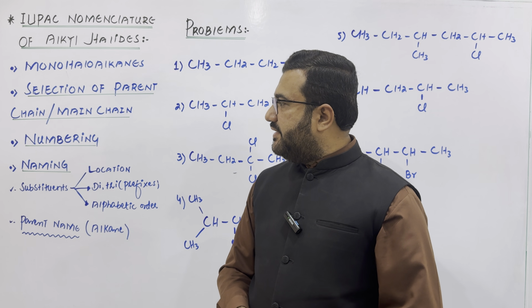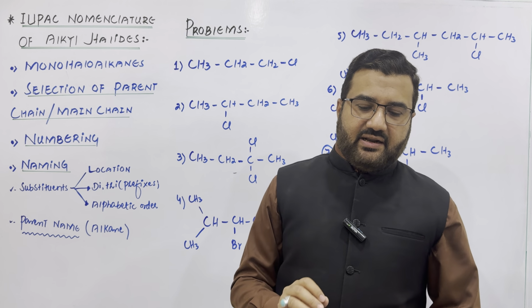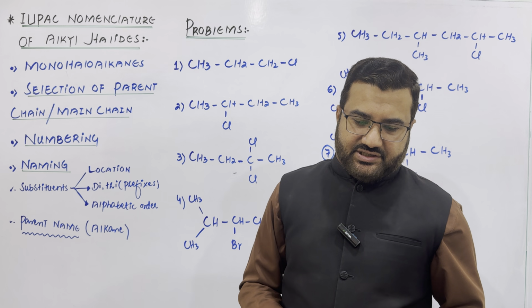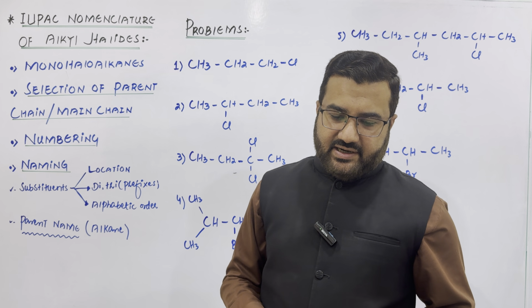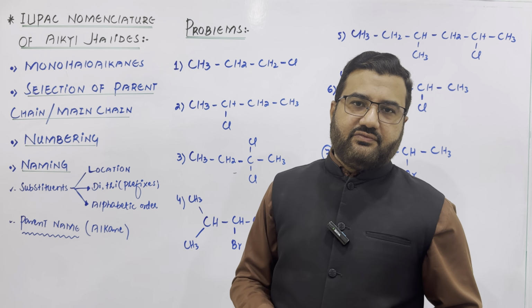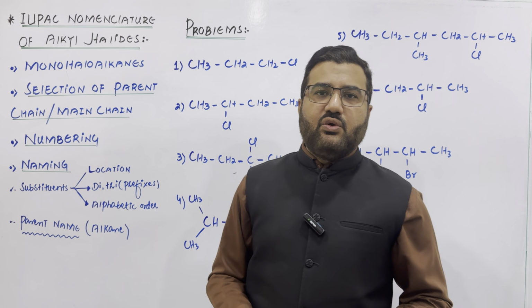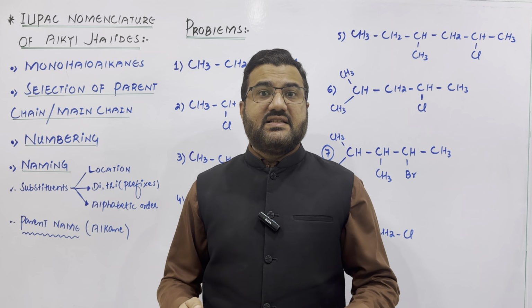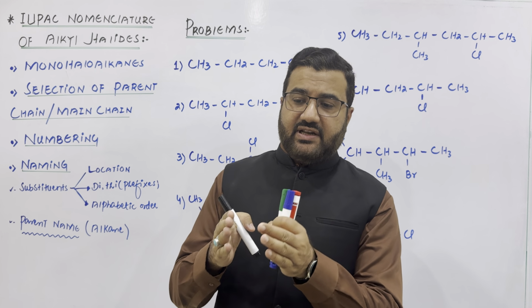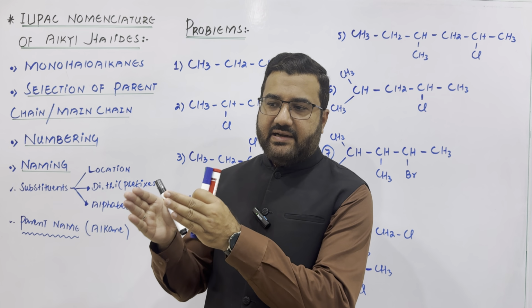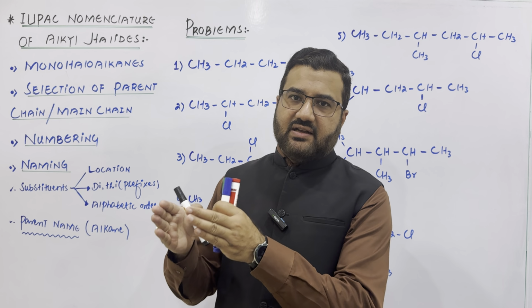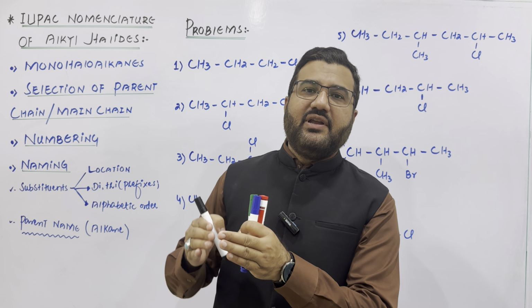The second step is the numbering. Now you will number the carbon atoms in the chain so that the carbon atom bearing the functional group, meaning fluoro, chloro, bromo, iodo, gets the lowest possible number. What does it mean? It means that you will begin the numbering from that end of the chain to which the functional group, meaning the halo group, is nearer.